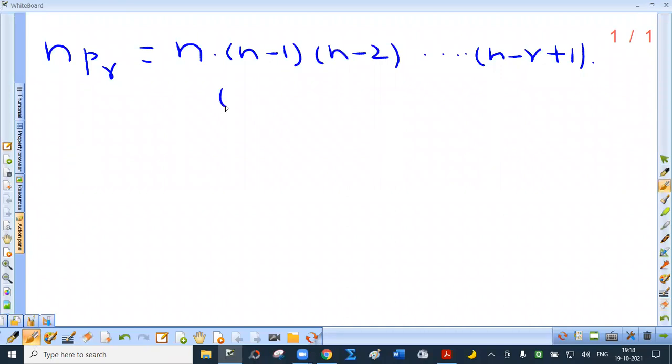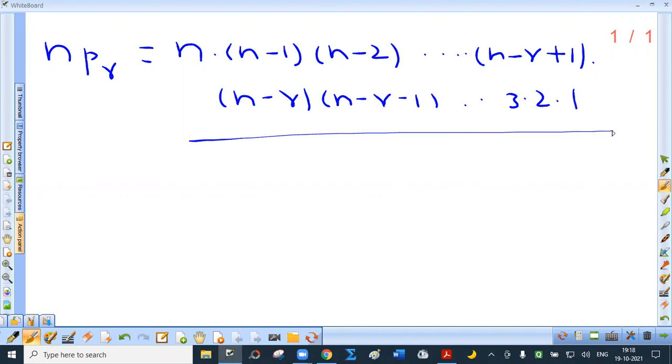I multiply this numerator by what? See, 1 into 2 into 3 up to n minus r. So I have to multiply denominator also by that.